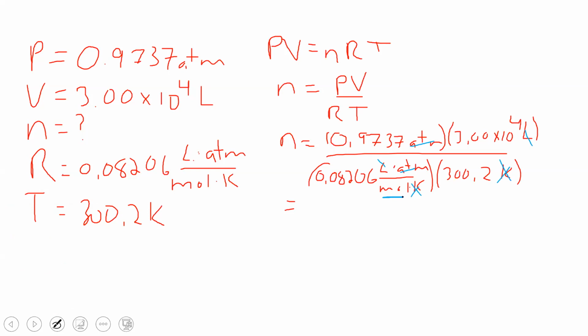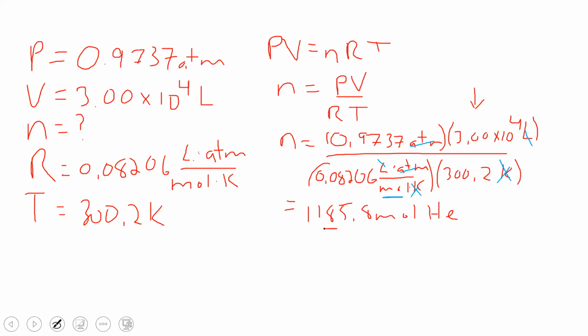So if it's in the denominator of the denominator, it gets flipped into the numerator, and we wind up with a value for the number of moles being 1,185.8 moles of helium. And the number of significant figures will be 3 because of our limitation here with volume. So I'm just going to underline that value right there.